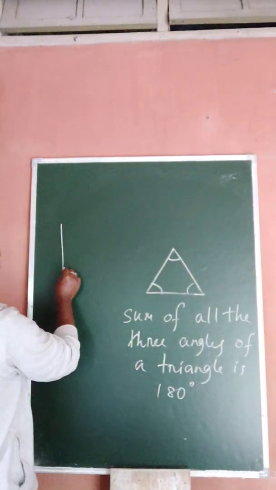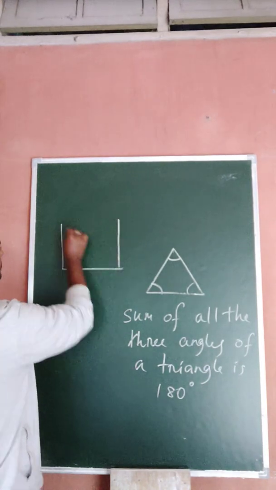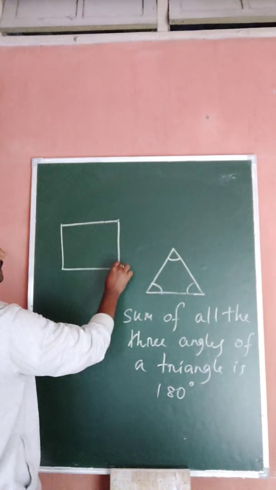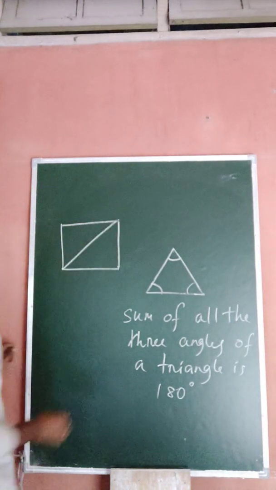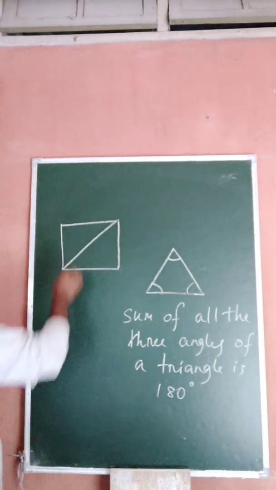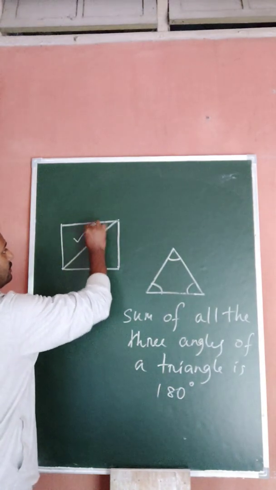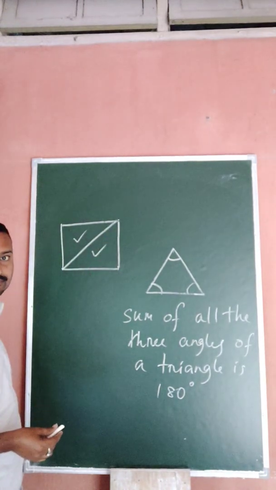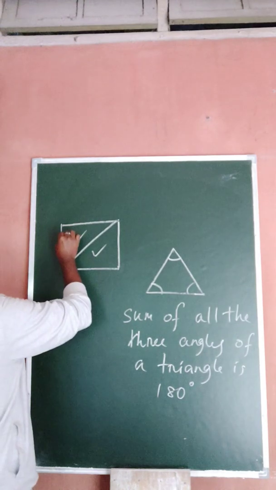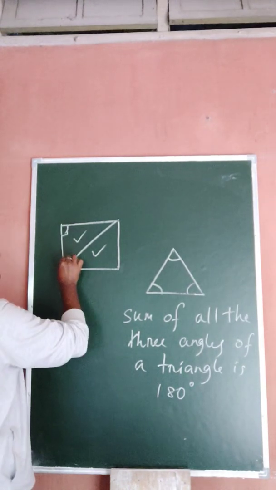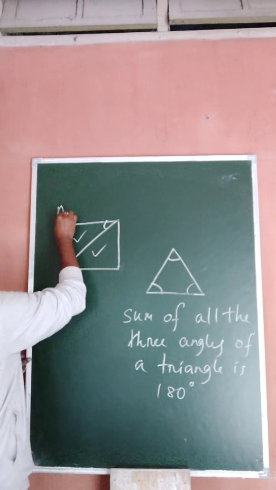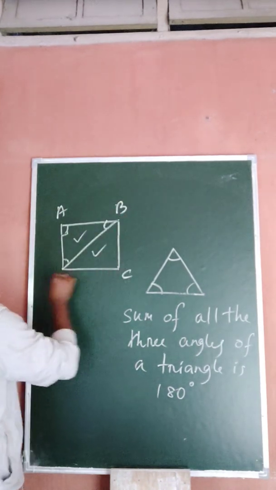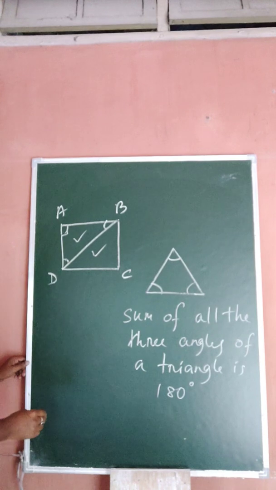Suppose this is a quadrilateral. You can consider any quadrilateral. Suppose you join a line like this. Then that quadrilateral is divided into two triangles. Suppose you give the name ABCD. Originally ABCD was a quadrilateral.